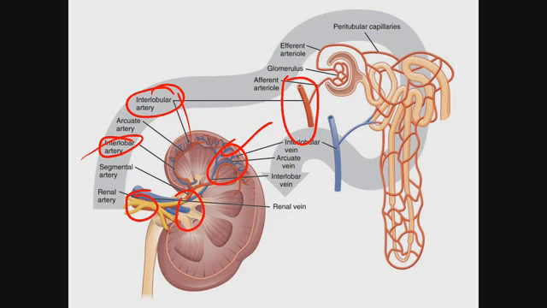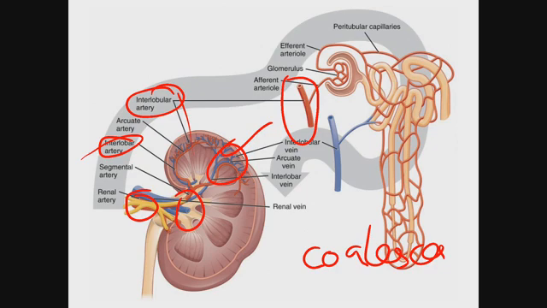At the distal end of this glomerulus, they come together. They coalesce to form an efferent arteriole, the vessel that sends blood out to do the reabsorption in the nephron. We'll get to that.